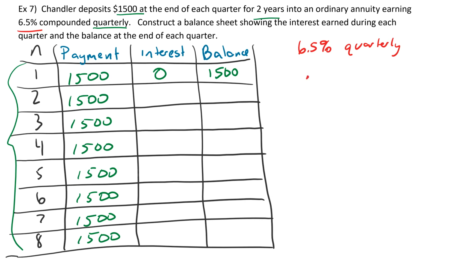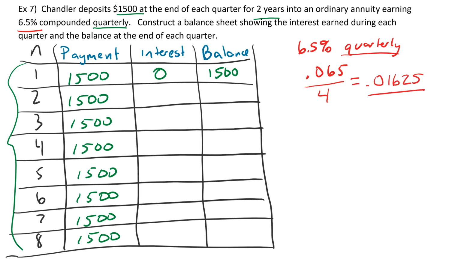So first thing is we have to put this as 0.065 because that's how we have to work with percentages in math unless we're putting it into the TVM solver. And that's quarterly, so we can't work with the whole thing. We have to divide it by 4, which is going to be 0.01625. That's what we are working with.